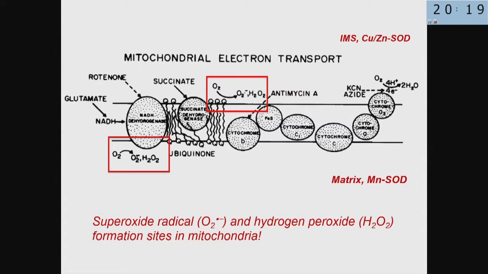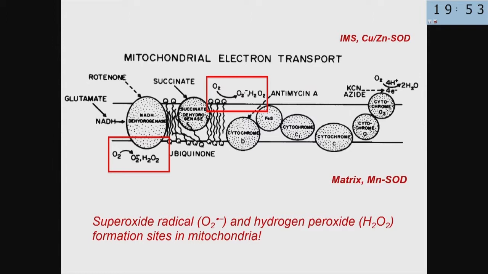And of course, mitochondria are empowered with very strong antioxidant mechanisms, which are critical for cell survival and proliferation and inhibition of malignancies, such as the manganese superoxide dismutases, which are essential enzymes. There is no such a thing as a double knockout in manganese SOD. This is an essential enzyme.